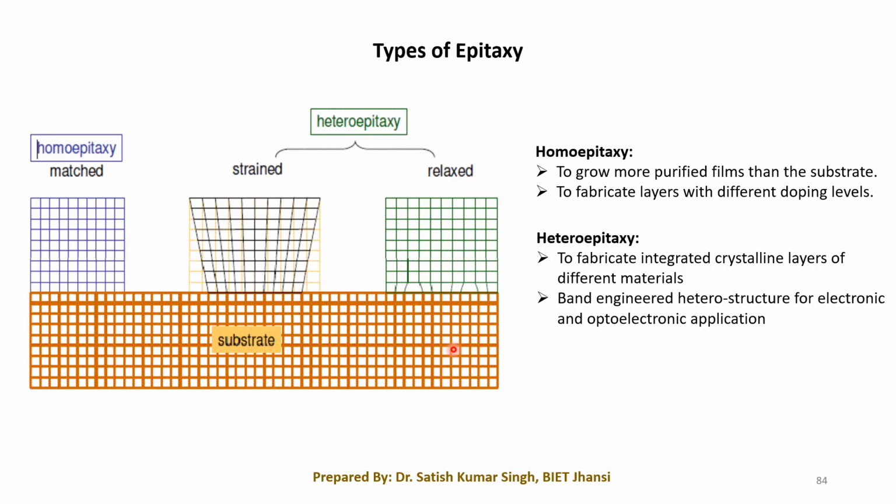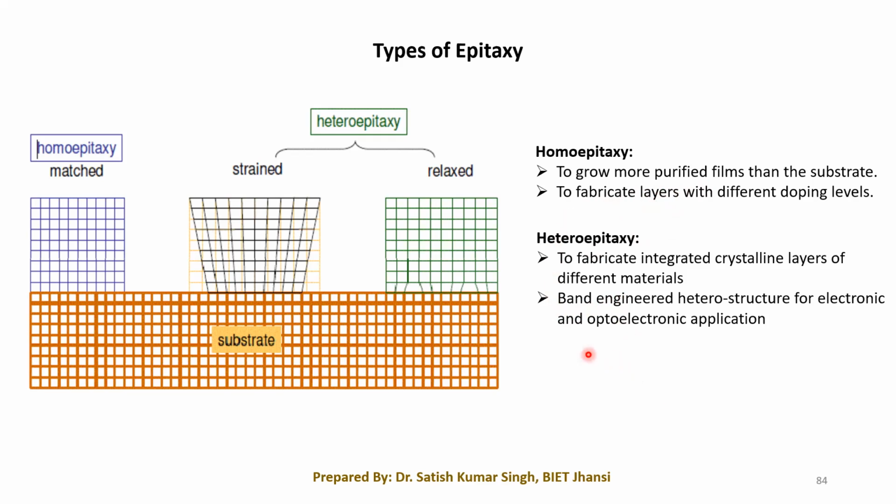If it does not have the property that you want, then we can go for homoepitaxy and grow another layer, and then we can control whatever parameters you want. Similarly, heteroepitaxy is basically used for band gap engineering.